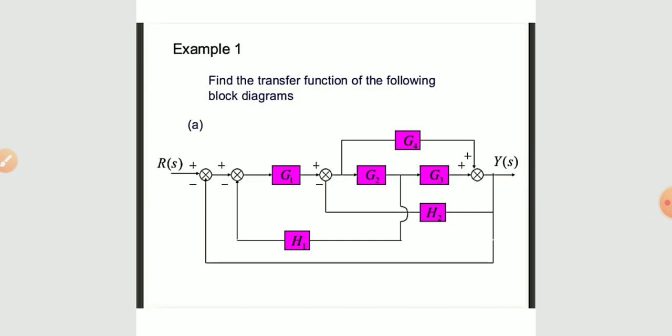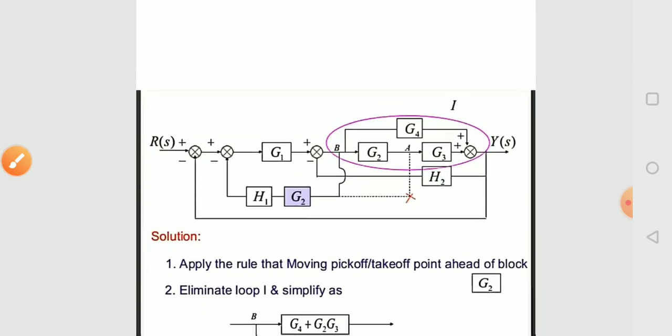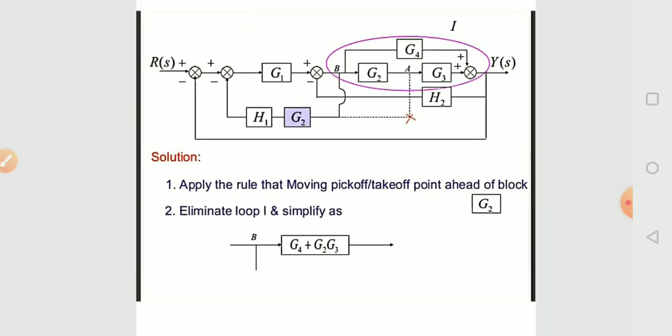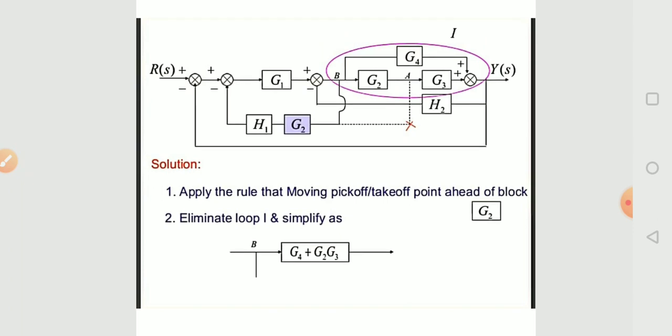So firstly, if we see this figure, we need to move this point ahead of the block or after the block. So the first step is applying the rule of moving the takeoff point ahead of the block.